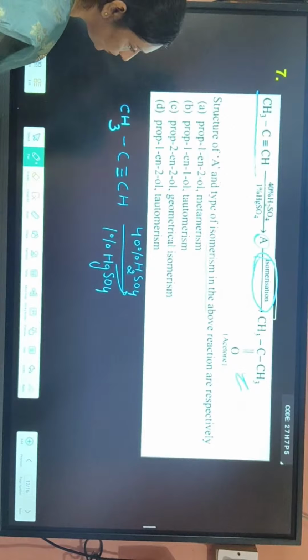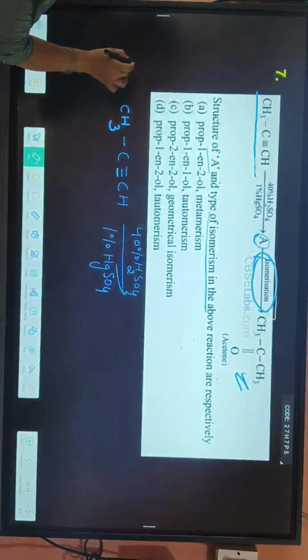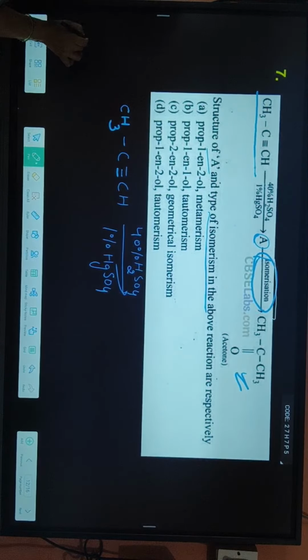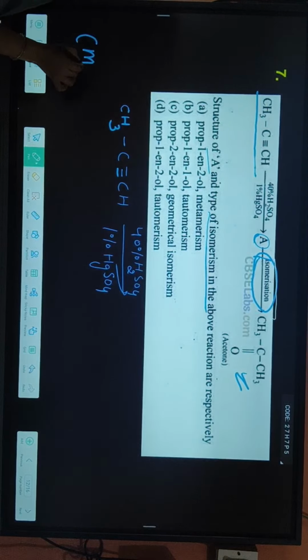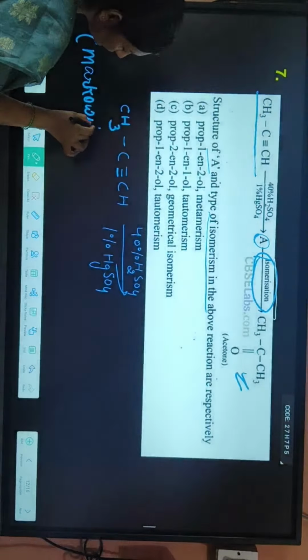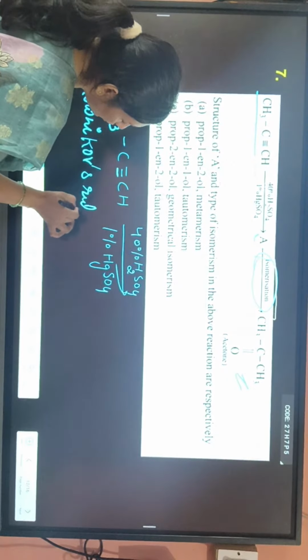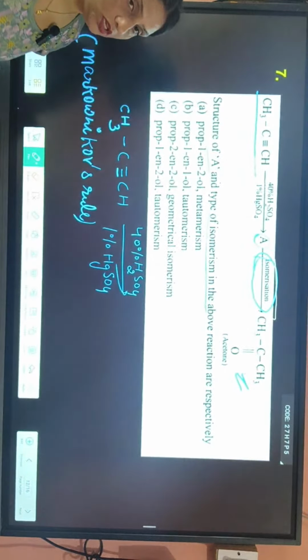What will happen? Here student, addition of water takes place, and it will follow Markovnikov's rule. What do you mean by Markovnikov's rule?